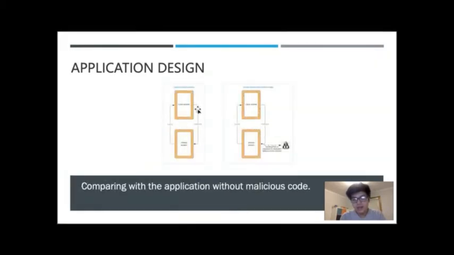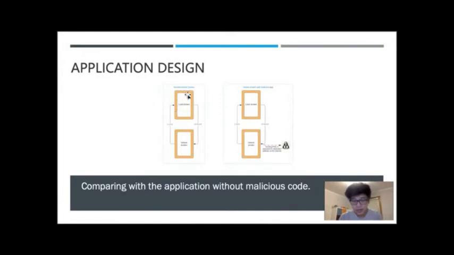To compare it with the normal application, it's very similar. So that's why it's very hard for the user to know whether they got malicious code in the application or not. You can look in here.